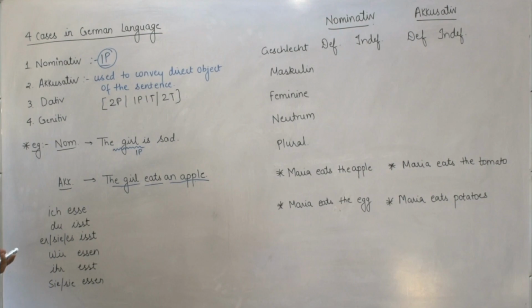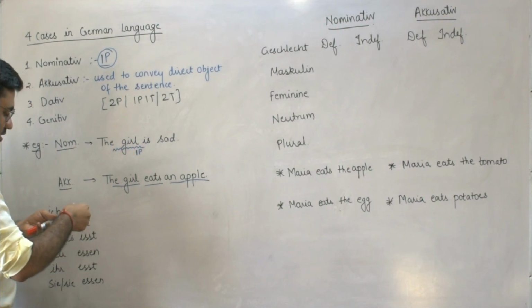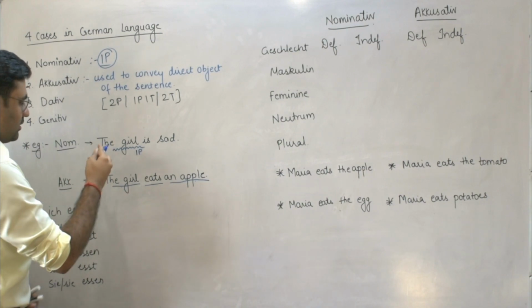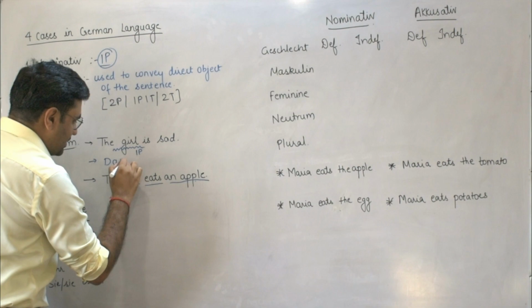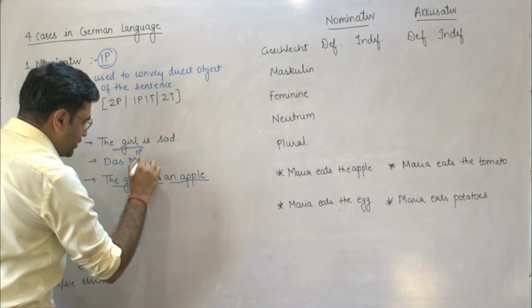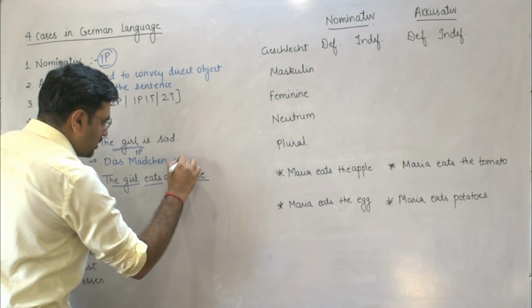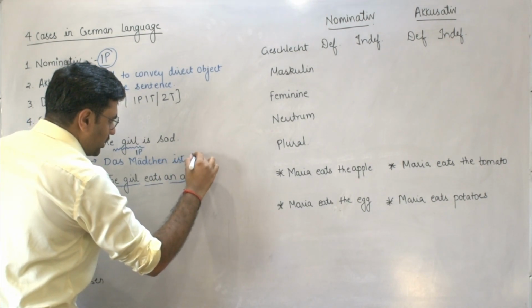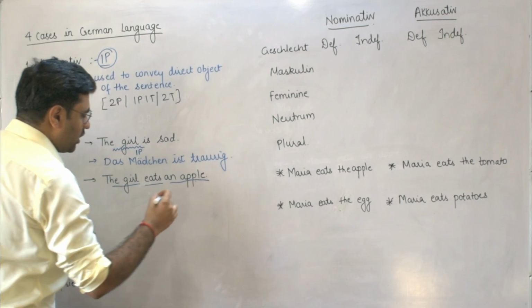Now, if I want to translate the sentence "the girl is sad" into German, the girl means das Mädchen, so: Das Mädchen ist traurig.